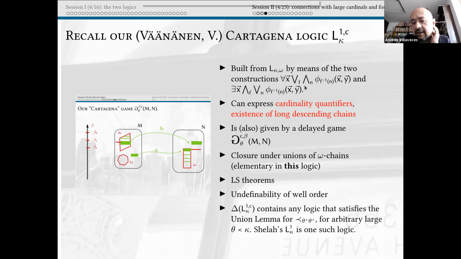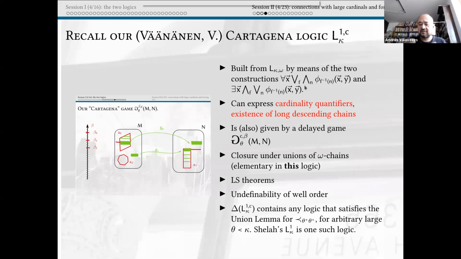Now, let me just mention that things like Aronszajn trees or Suslin trees or Suslinity or tree properties more in general are very much adapted to a sort of thing that can be captured with these logics and cannot be captured normally with first order or even L omega 1 omega.